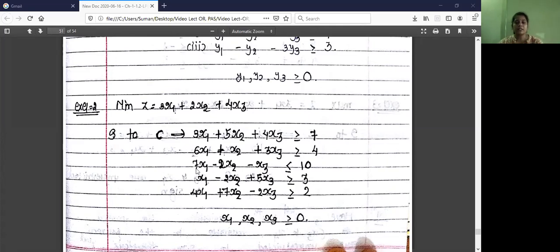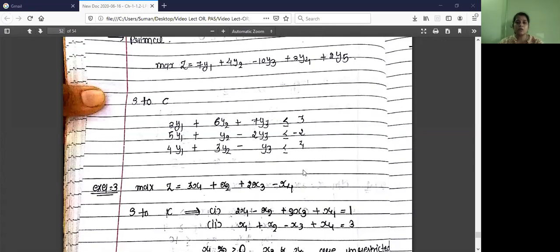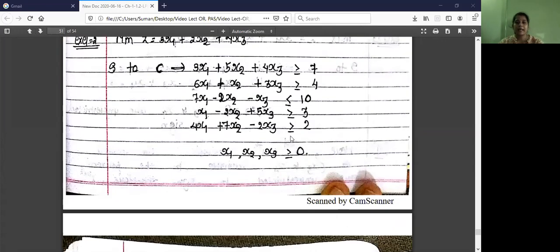The third equation is 7x1 minus 2x2 minus x3 less than equal to 10. The fourth equation is x1 minus 2x2 plus 5x3 greater than equal to 3. And the last equation is 4x1 plus 7x2 minus 2x3 greater than equal to 2. We have three decision variables x1, x2 and x3.